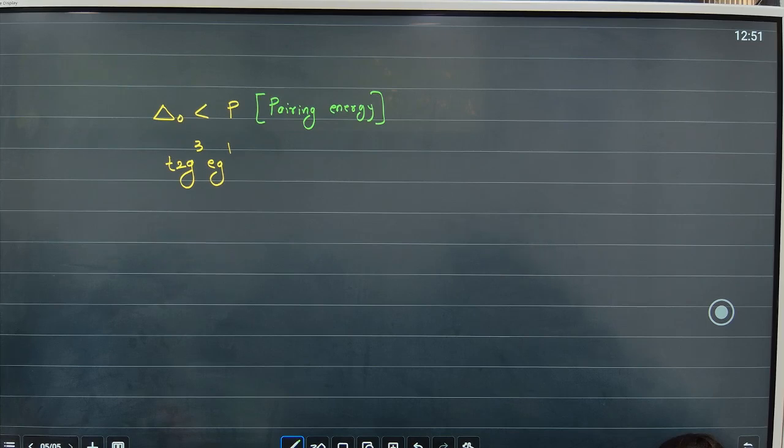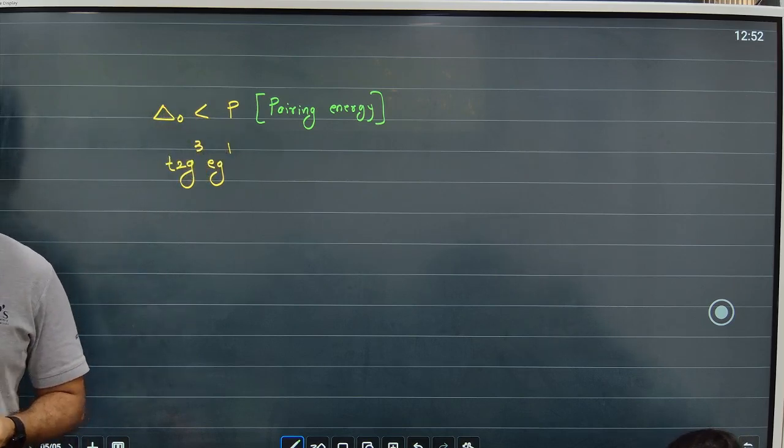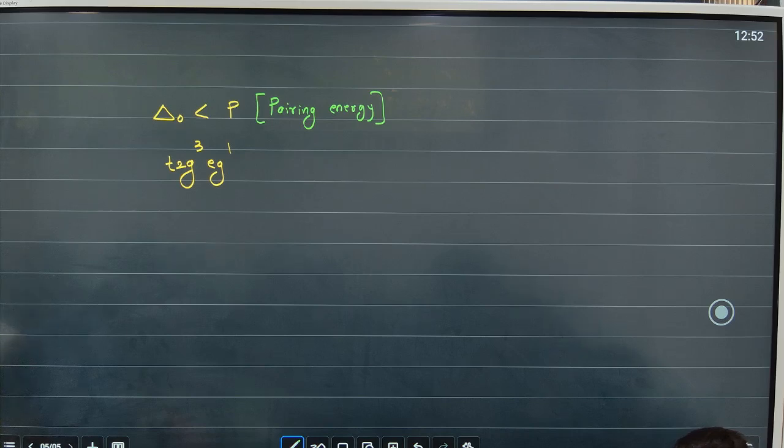Part of the same point: the ligands for which delta naught is less than P are known as WFLs.